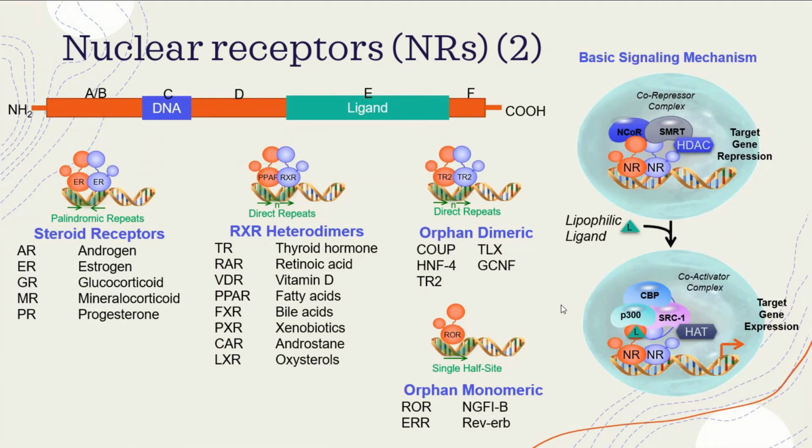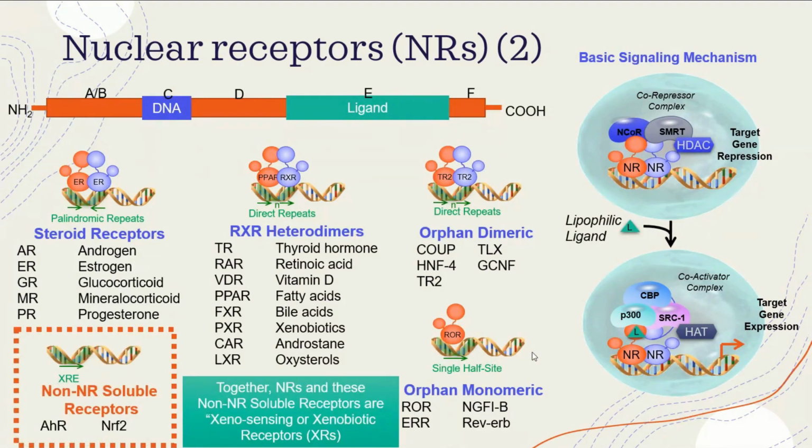The only reason to bring this up is because it leads to a variety of different types of response elements that these activated receptors will bind to. But the goal here is to have a ligand that is regulating a nuclear receptor, and a certain group of genes responding to this ligand by a group of target genes being expressed.